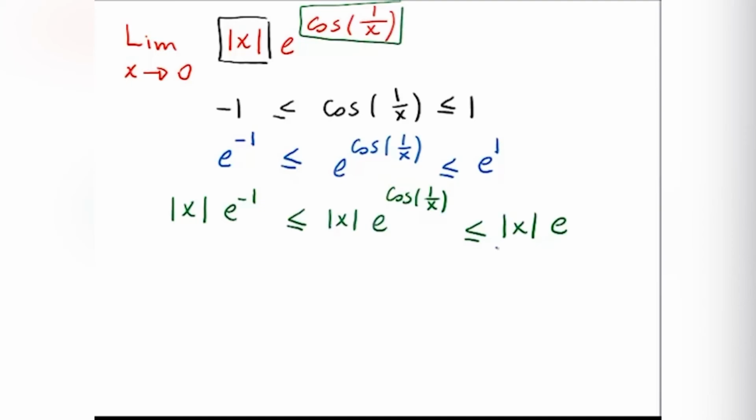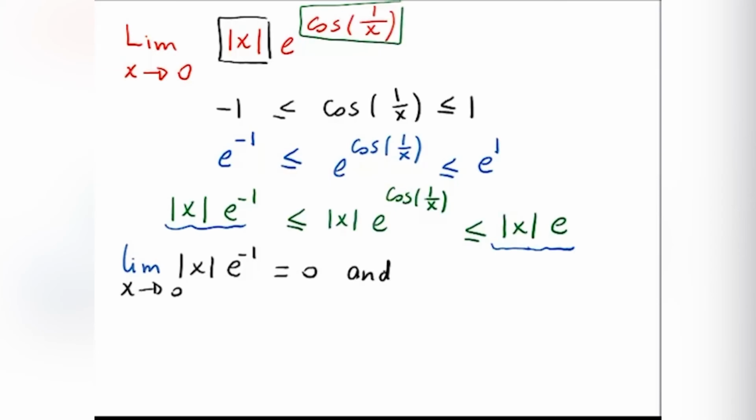Notice here the limit of the right side and the limit of the left side. Let me calculate this. The limit of the left side, which is absolute value of x e to the power -1 as x goes to 0, is equal to 0. And also the limit of the right side, which is the limit of absolute value of x times e as x goes to 0, is also 0. Then I can apply here the sandwich theorem.